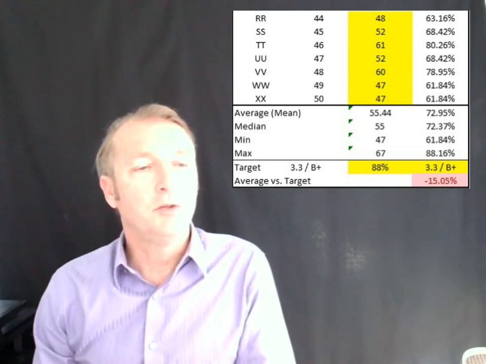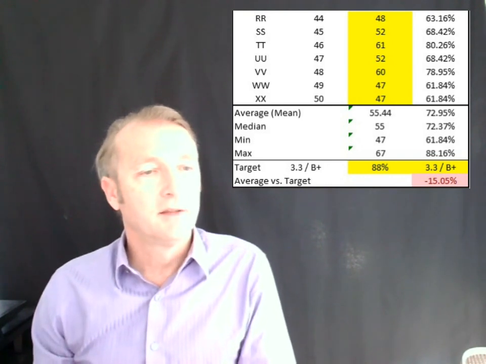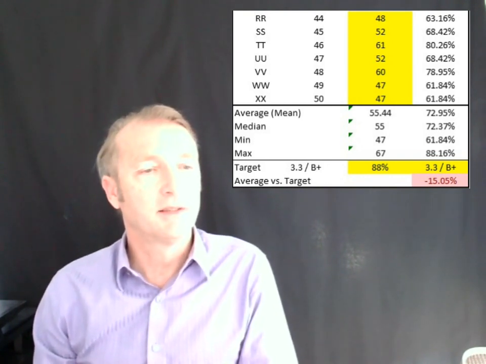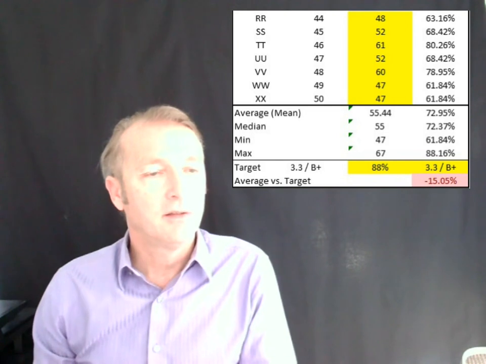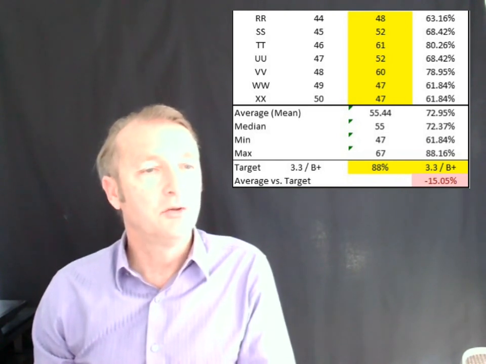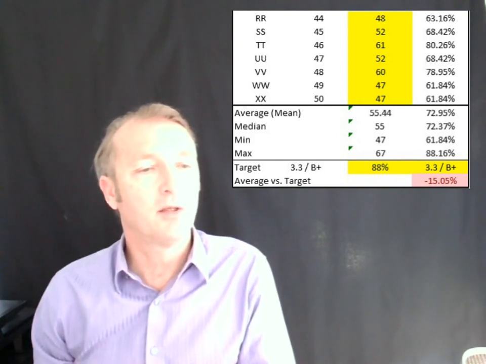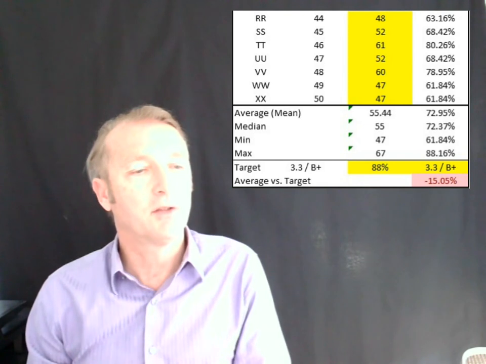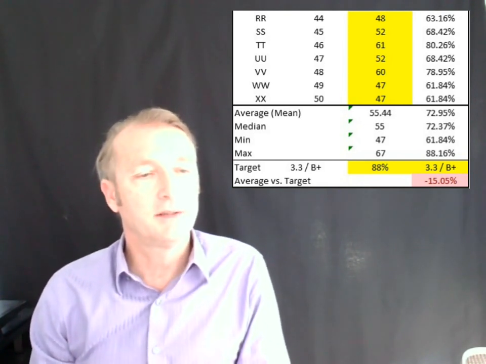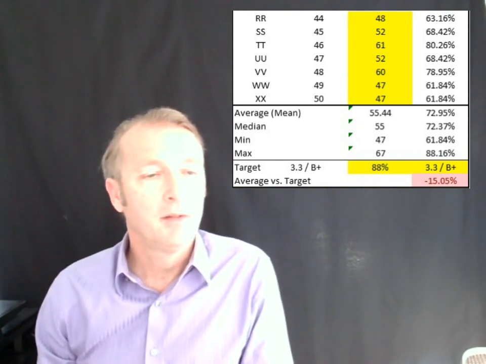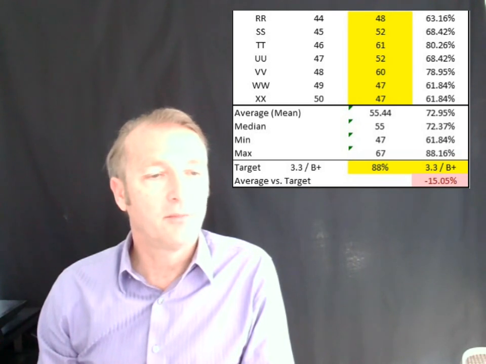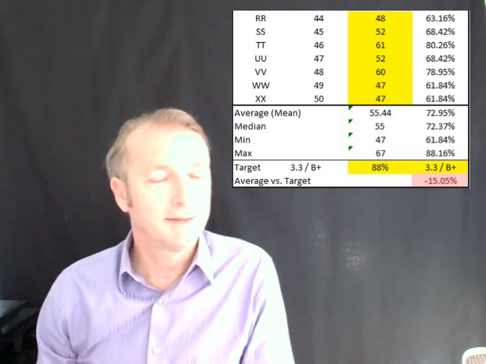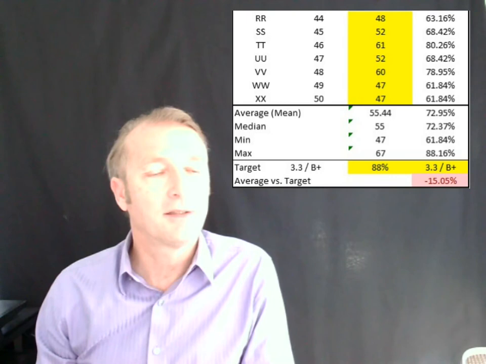Now, you could also look at the maximum, which is 67, and move that up to 76. But I found it's much better to do it with the percentage scores. So that's what I'm doing here. I'm going off that the top scoring student is at 88.16, and the distance from that to 100 is the lift that we need to add to all the students.